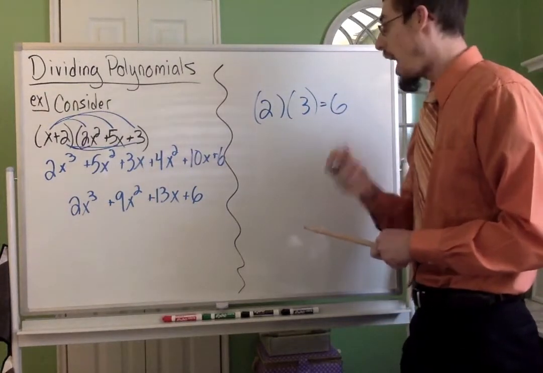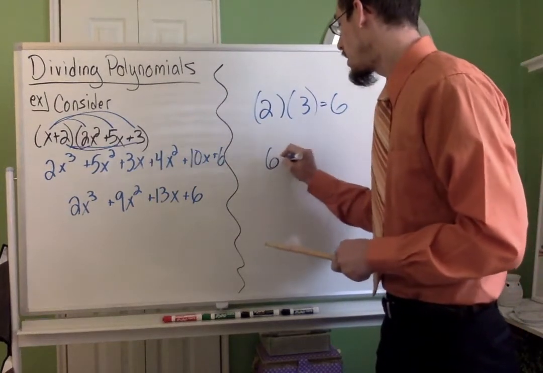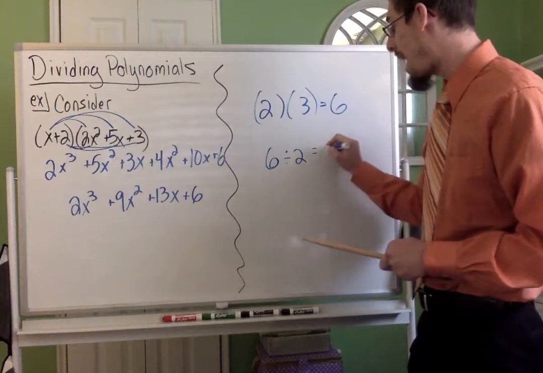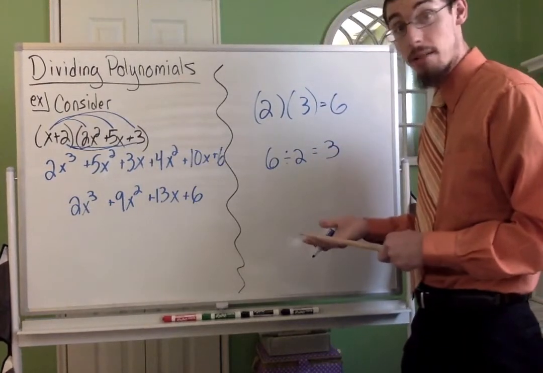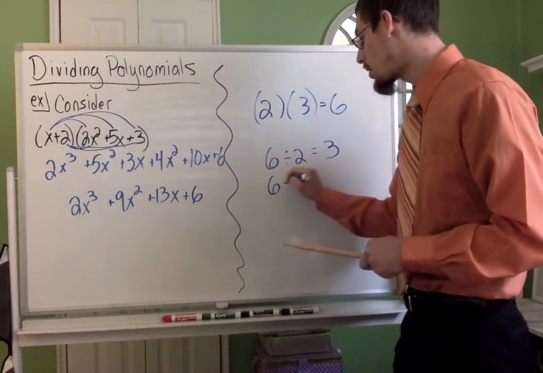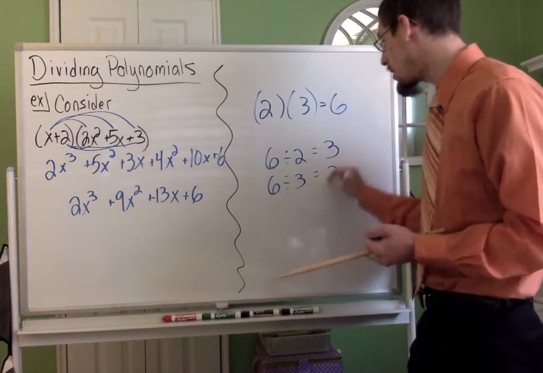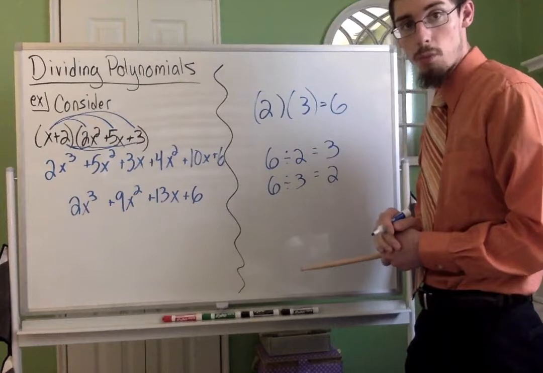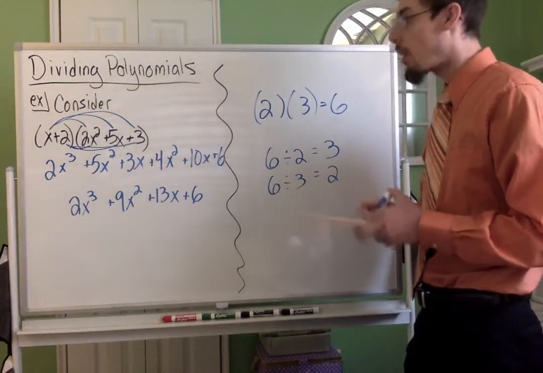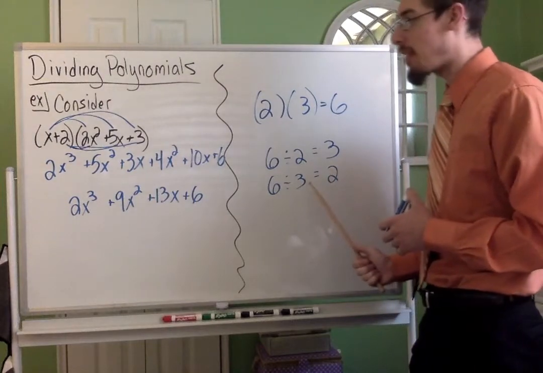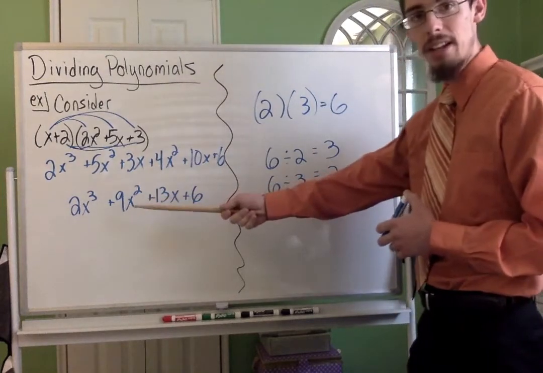Which means I could do things like this. 6 divided by 2, and that should give me 3. Or I could do 6 divided by 3, which would give me 2, right? Well, couldn't I take this same concept and then just translate it to this?